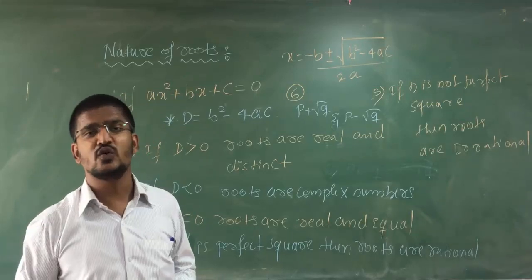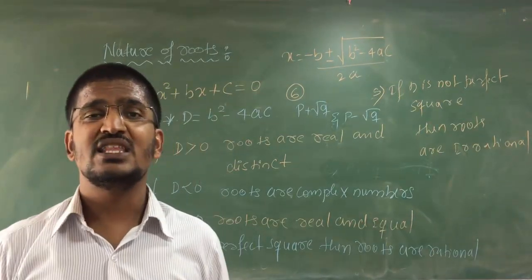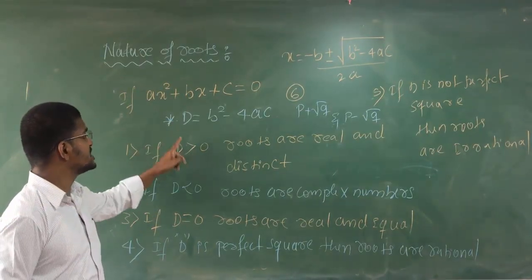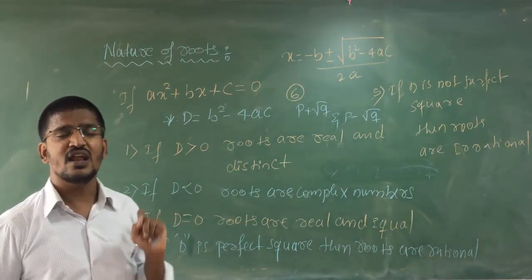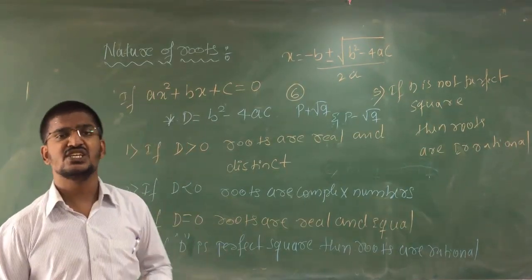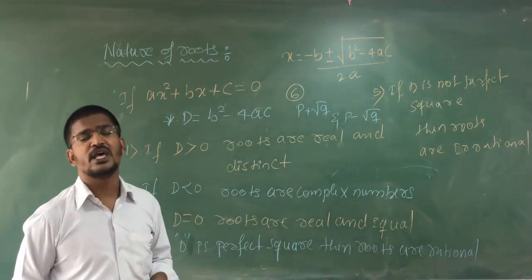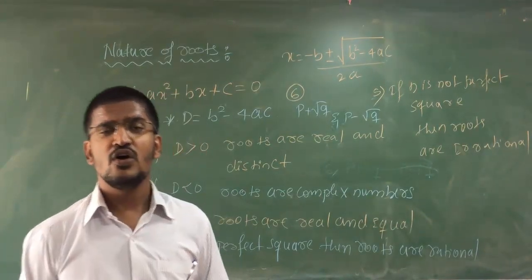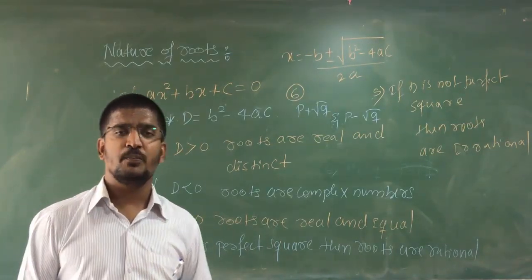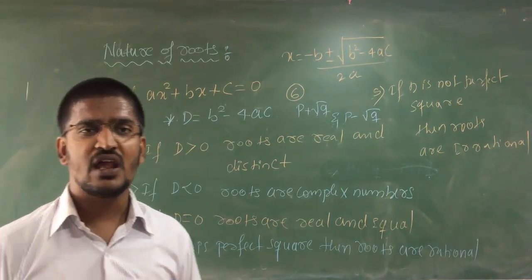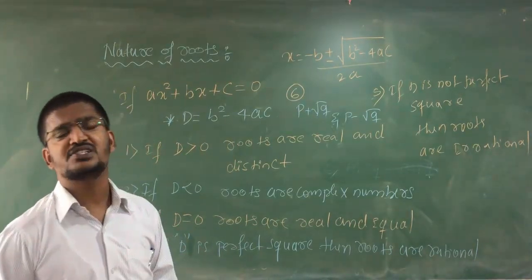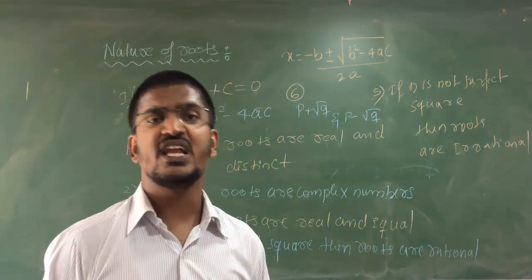Whenever root Q is irrational, from this we know that discriminant is greater than 0, roots are real and distinct. If D is lesser than 0, roots are complex. If D equal to 0, roots are real and equal. If D is perfect square, your roots are rational. If D is not perfect square, your roots are irrational.